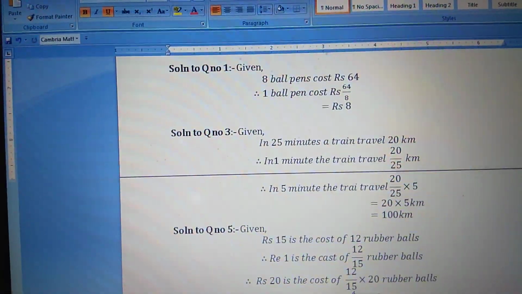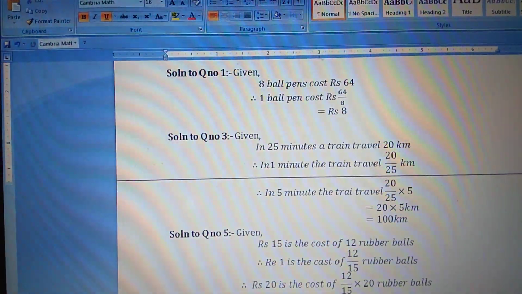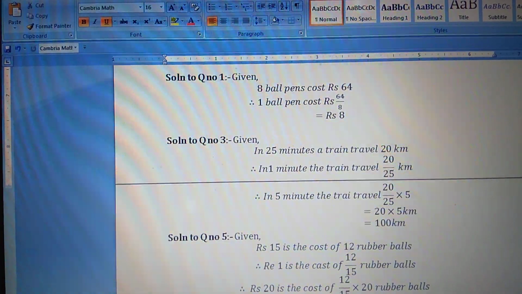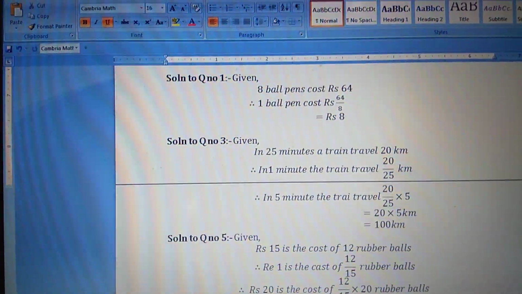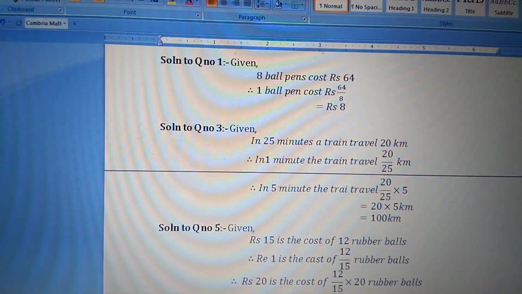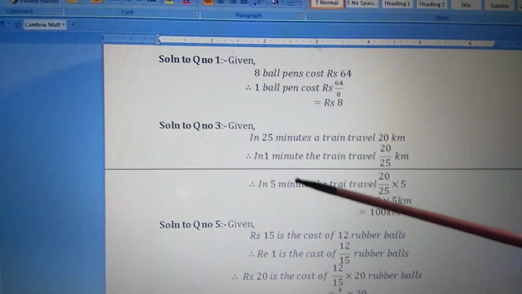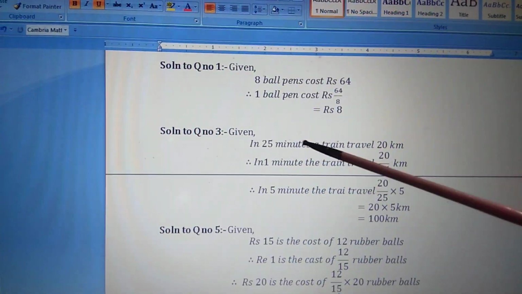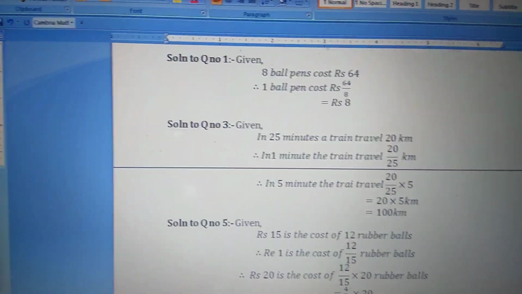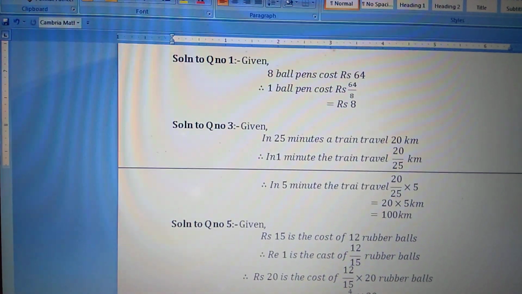Now I will go to question number 3. In 25 minutes, a train can travel 20 km. How far will it travel in 5 minutes? So here also I have followed the statement method. In 25 minutes, a train travels 20 km. So in 1 minute, it will travel less.